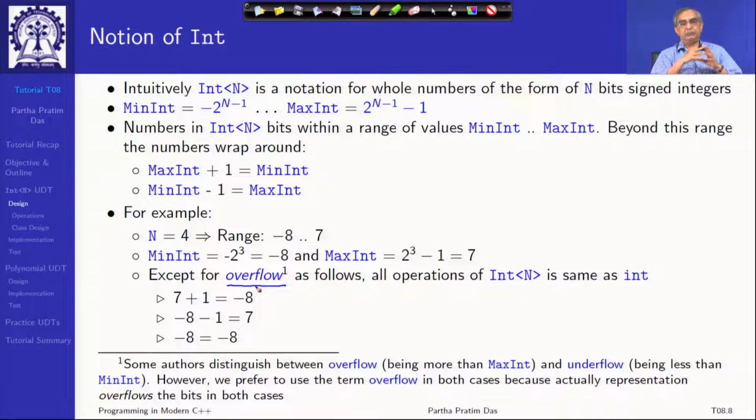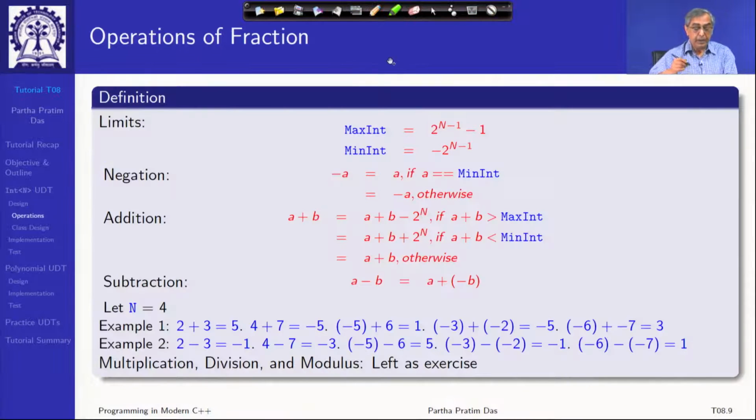But like many others, like the compilers, I prefer to call both of them overflow, because the same phenomenon happens in both cases: the number of bits in the representation overflows because you are going beyond that range. So, we will consistently call both of these situations overflows.